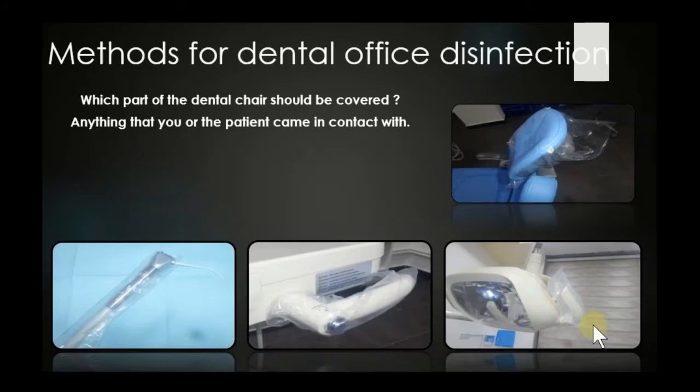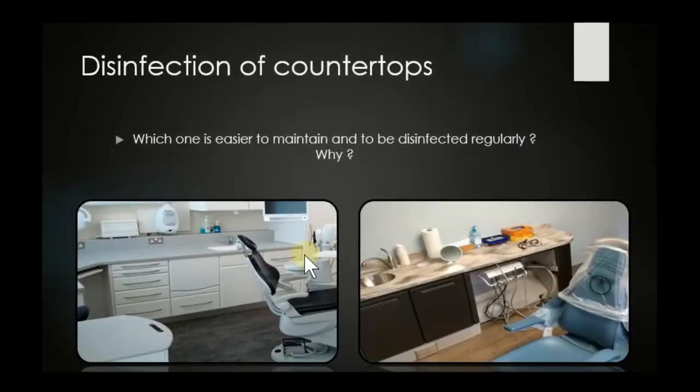Also, we have the handle of the light also covered with a plastic sleeve, the handle of the tray of the instruments, the three-way syringe, sometimes even the tubing being covered by disposable covers to allow it to be replaced in between patients to prevent direct contact with the patients. Or we can spray the disinfecting solution to disinfect the countertops, for example.